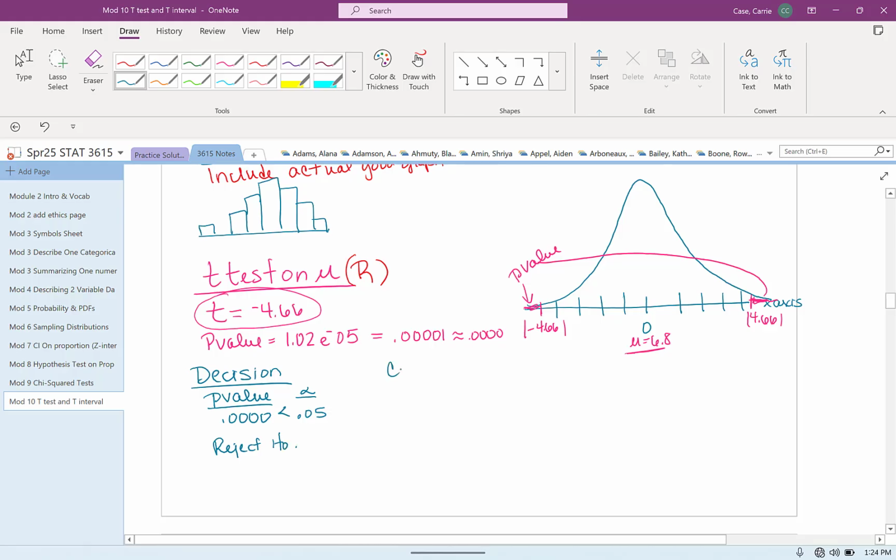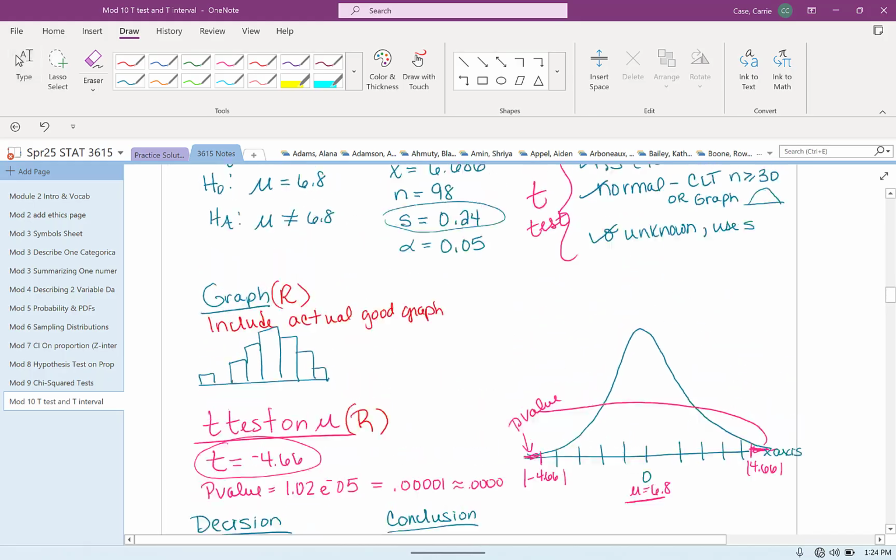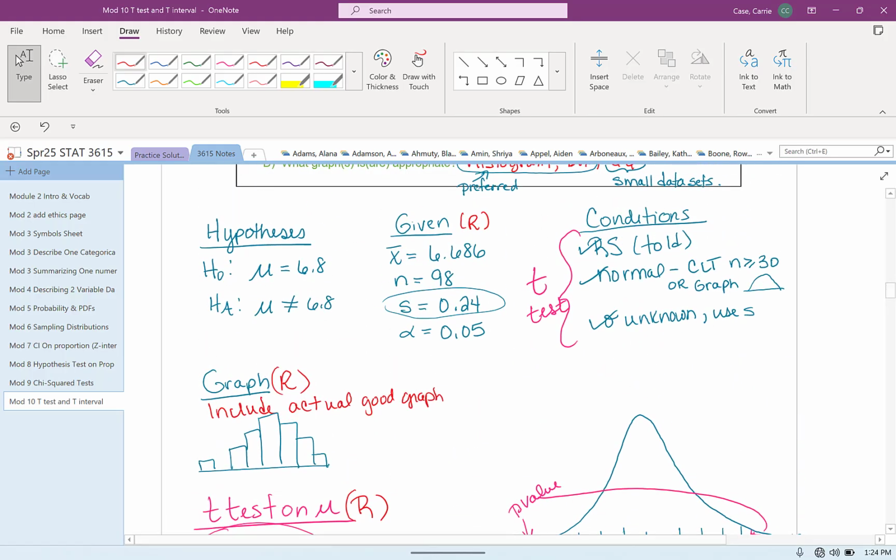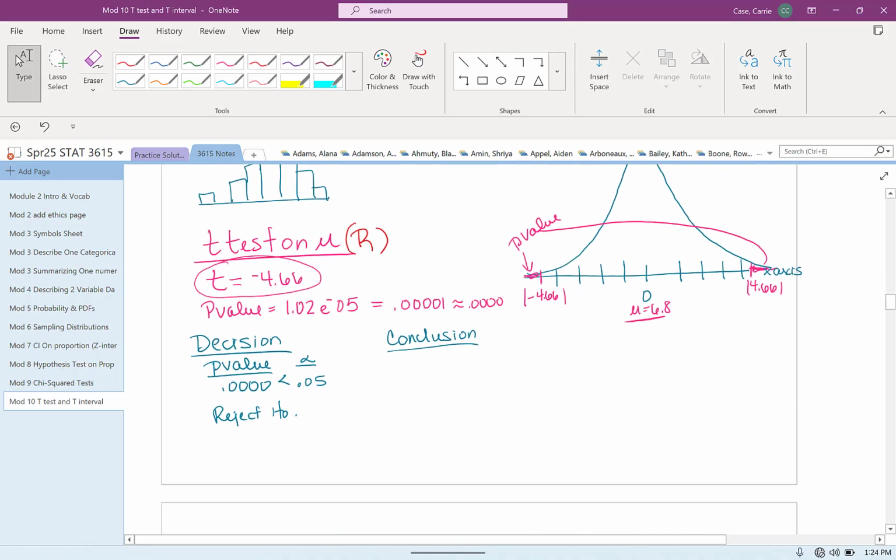And then our conclusion is always about Ha. So if we rejected Ho, I'm going to cross it off. We reject it. If we reject it, then there is evidence for Ha. So there is evidence.